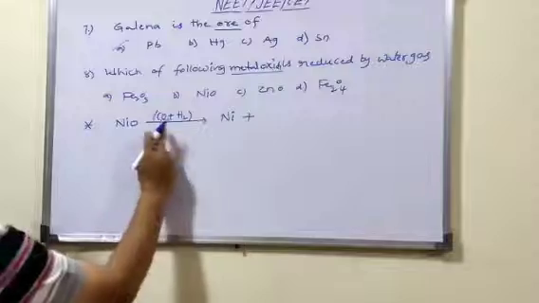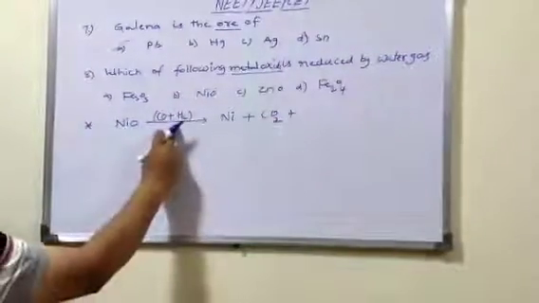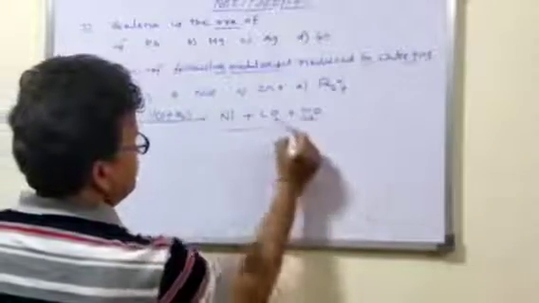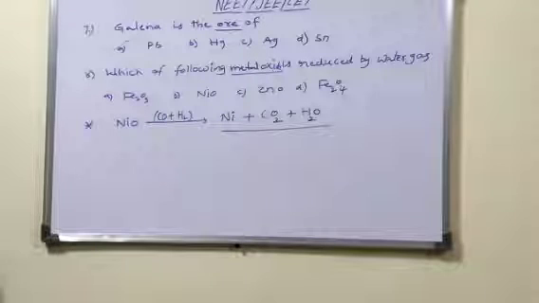Carbon monoxide, the reducing agent, gets oxidized to carbon dioxide, hydrogen gets oxidized to water. This is the reaction. Remember, with water gas generally the metal oxide to reduce is nickel oxide only. Only nickel oxide we have in our syllabus.